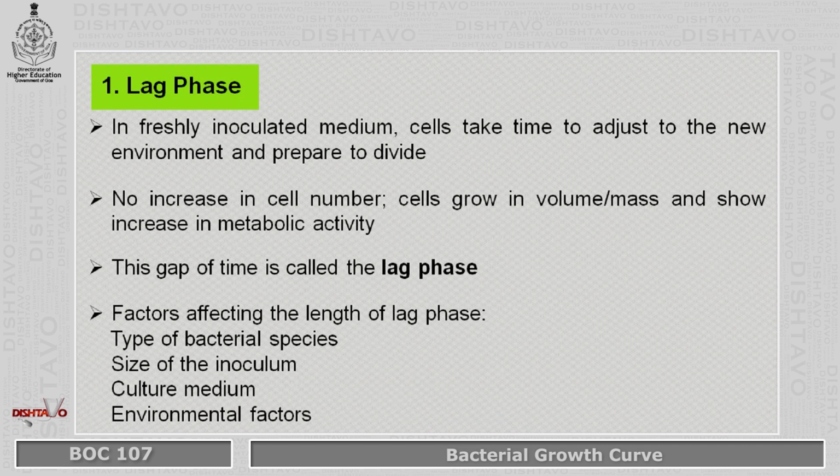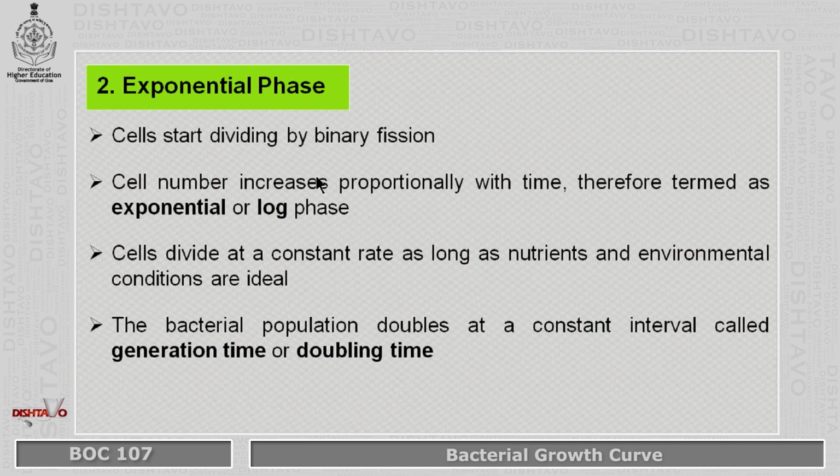Like there might be synthesis of certain enzymes, proteins and RNA, etc. This gap of time is called the lag phase. Now there are many factors which affect the length of the lag phase, like the type of bacterial species, the size of the inoculum, culture medium and various other environmental factors.